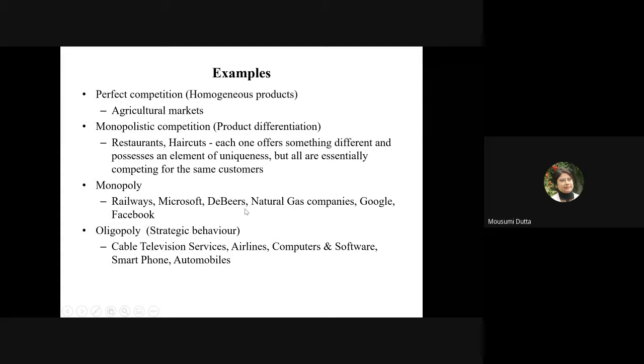However, De Beers till date is at the top. Natural gas companies are at the top. There are several private companies as well, however not comparable with the national company we have. Google, Facebook, you are understanding. These are part of our regular life, and they have monopoly, no close substitute.